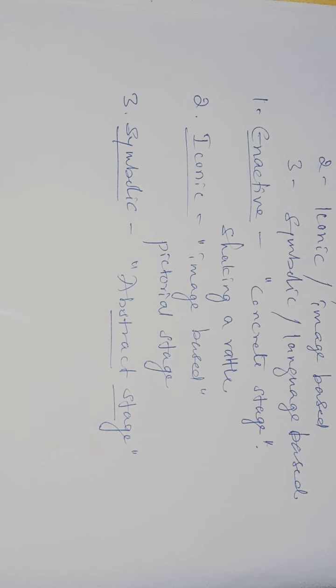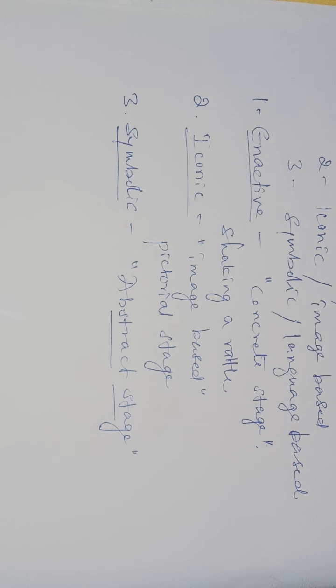Symbols are flexible in that they can be manipulated, ordered, classified, etc. So the user isn't constrained by actions or images. In this stage, knowledge is stored primarily as words, mathematical symbols, or other symbol systems. In mathematics, generally we use symbols.